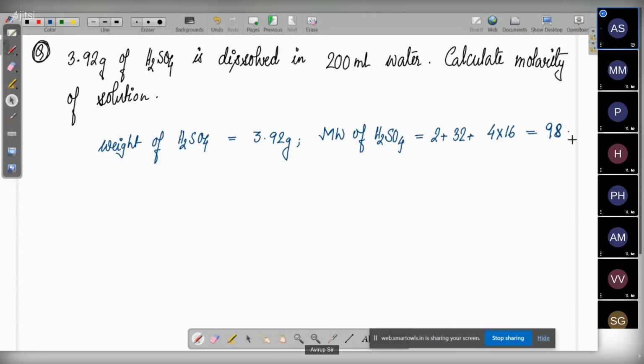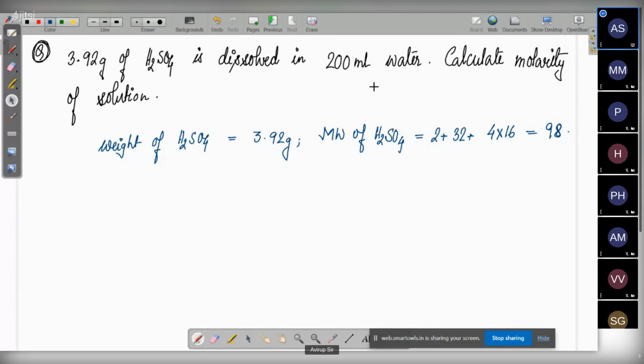You will see that it is coming at 98. It is not essential for you to remember these values, but remembering them will save you time in examination because these are very common molecules. Calculating their molecular weight is a waste of time in examination, so while practicing you should remember their molecular weight.